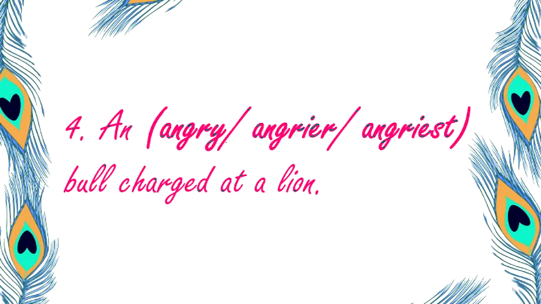No. So now tell me, angry is positive degree, angrier is comparative degree of adjective, and angriest is superlative degree of angry. Which adjective should you be using here? Dear children, you're right. When there is no comparison, we use the positive degree. So the answer is angry. Very good. An angry bull charged at a lion.